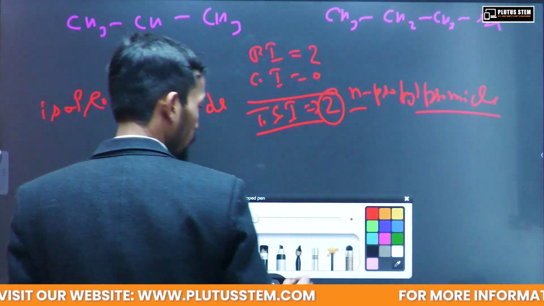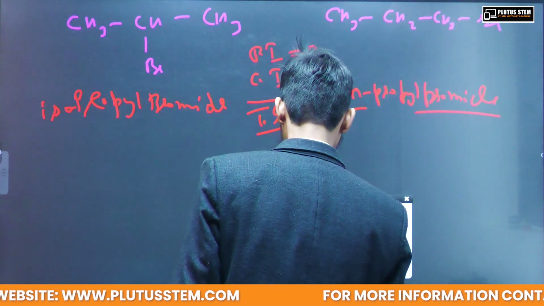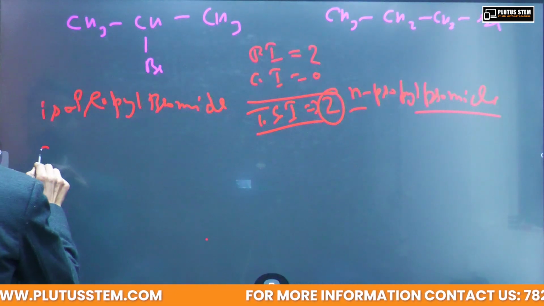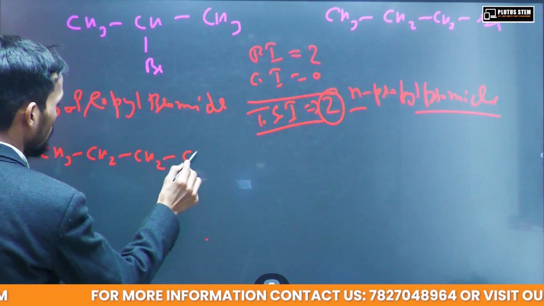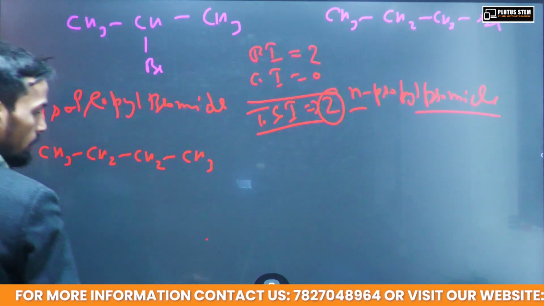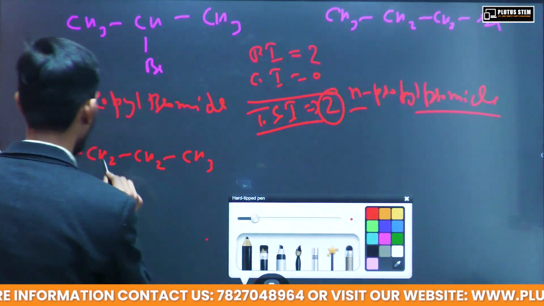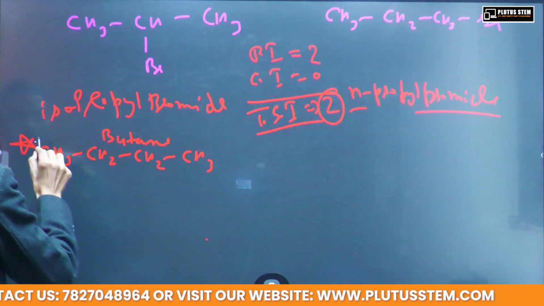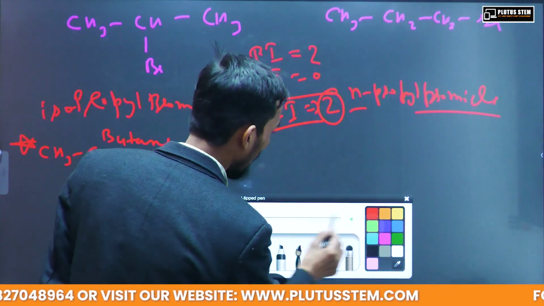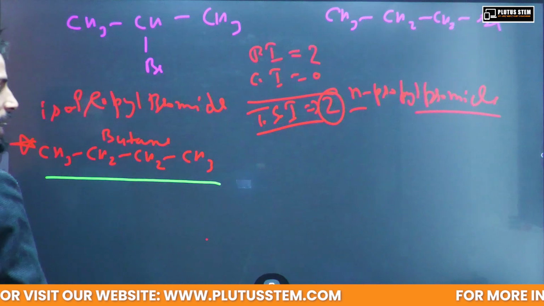Now, when we have CH3CH2CH2CH3, this is our butane. This is our butane molecule, and we have seen regarding this butane molecule how many isomers.